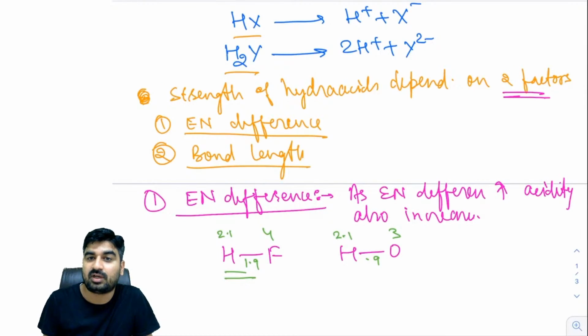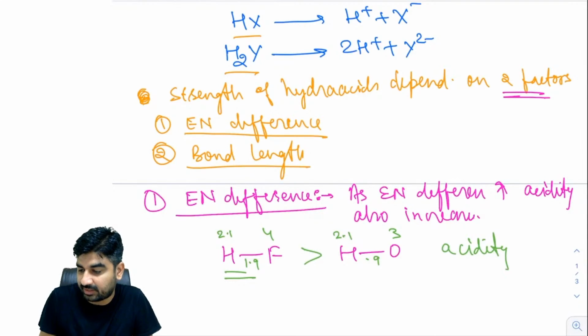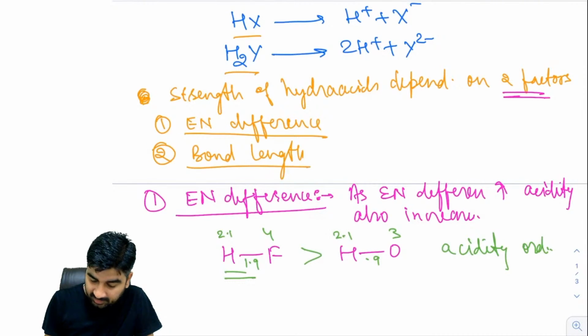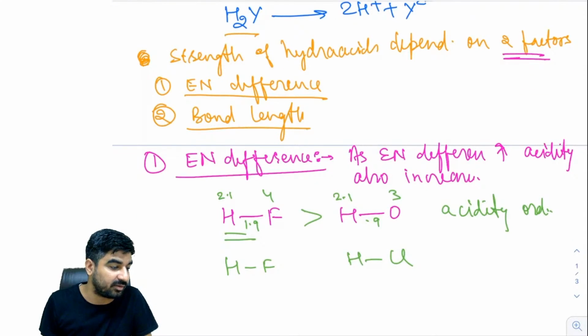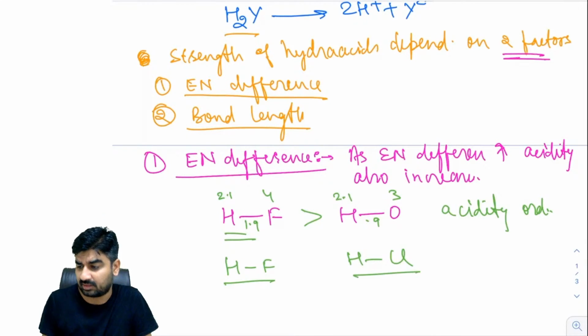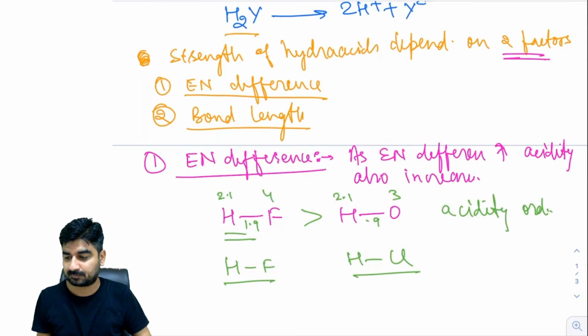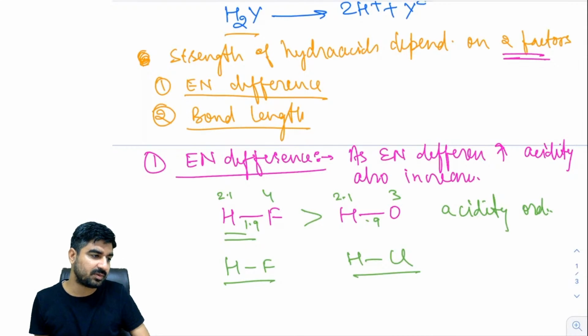It is having more electronegativity difference, so it is more acidic. So you know the acidity order. If I compare HF and HCl, which will be more acidic?